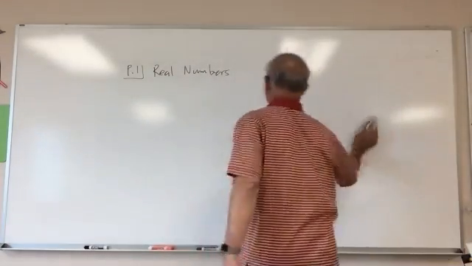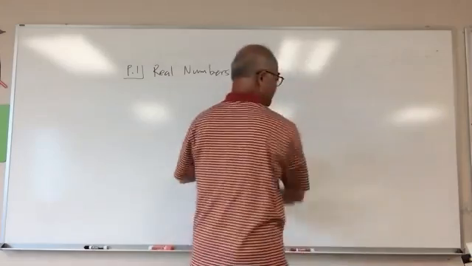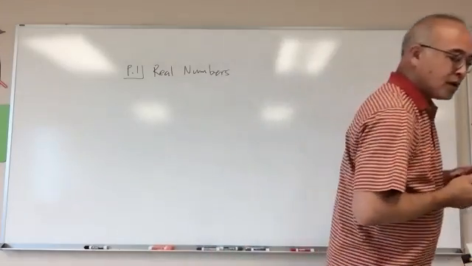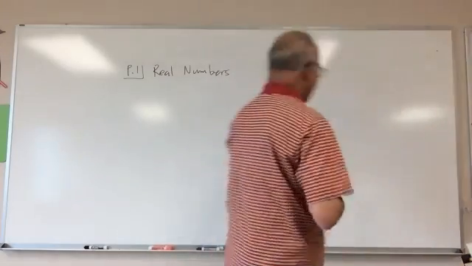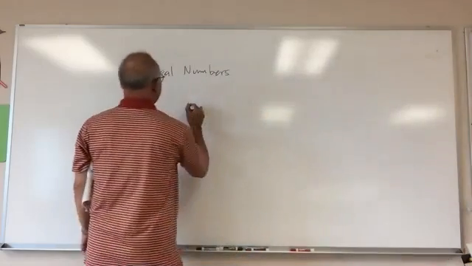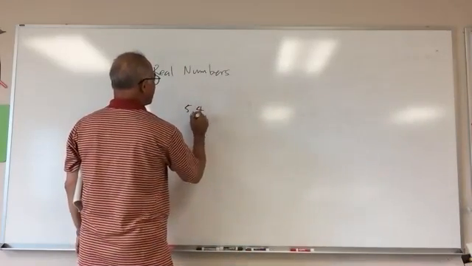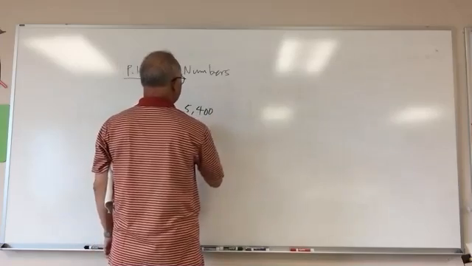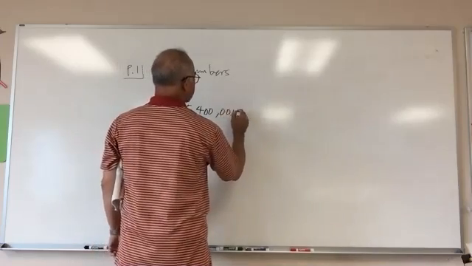Scientific notation is when you have a number like 5,400,000.